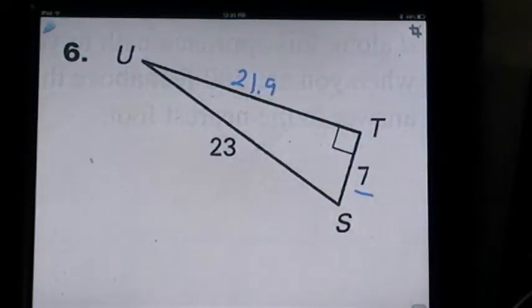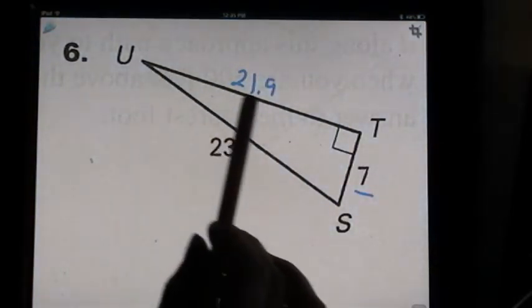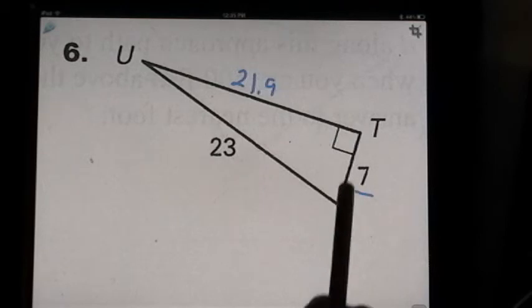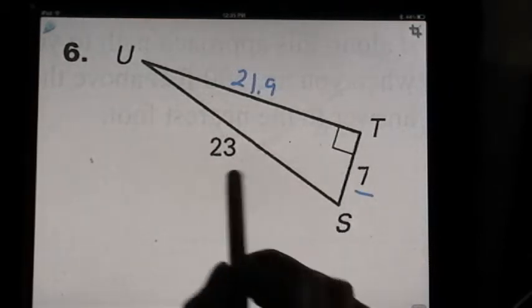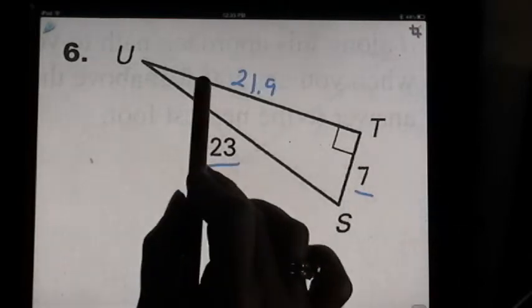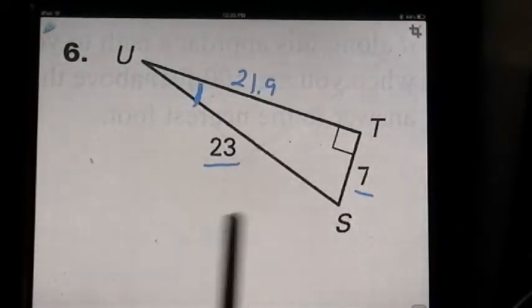Do a reality check. Does that sound about right? It's shorter than the hypotenuse, but a lot longer than that short side there. That makes sense.